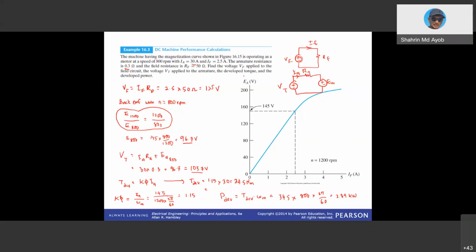Okay, and then the developed torque. The developed torque is actually from K flux IA, right?